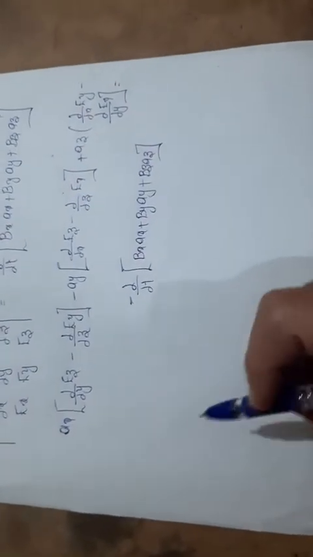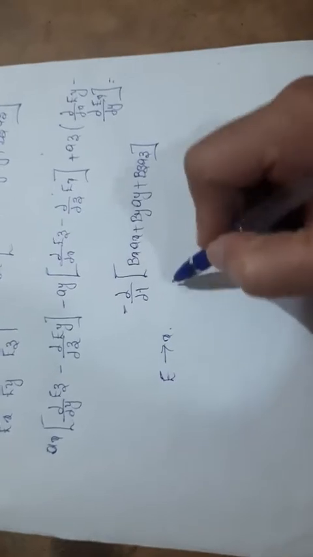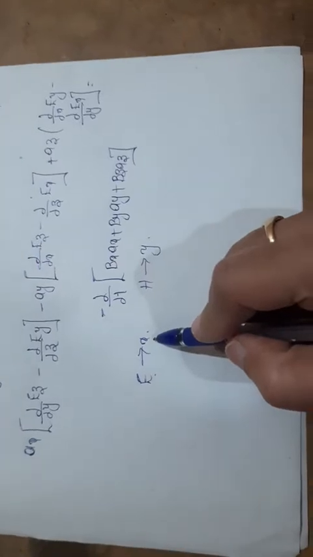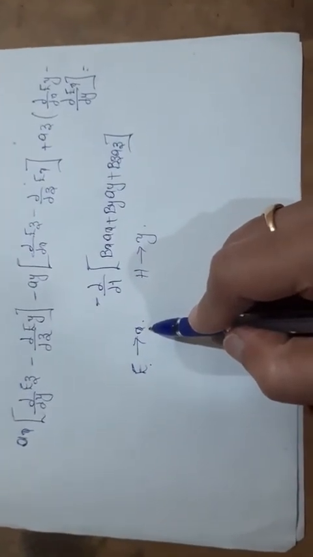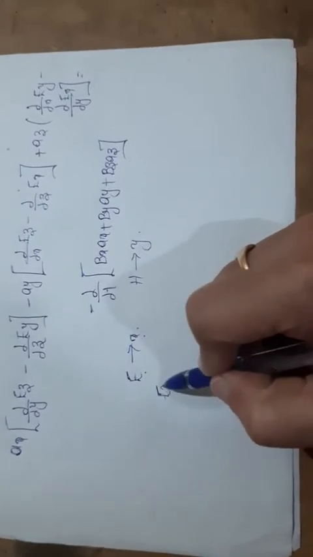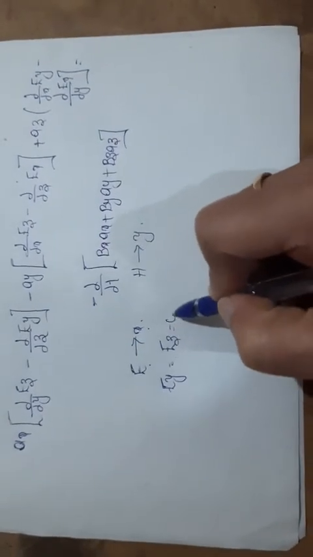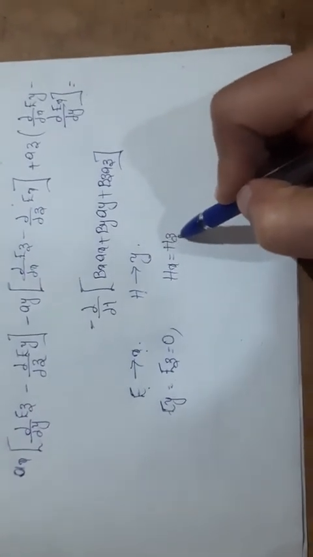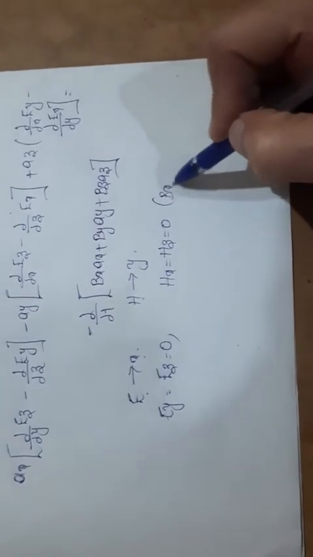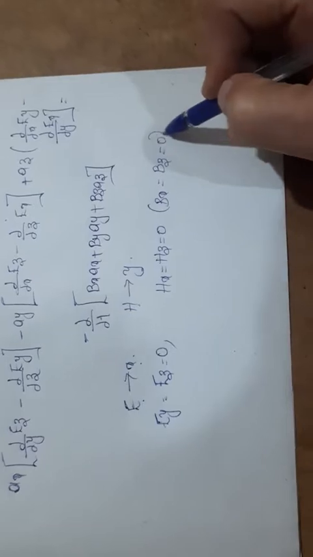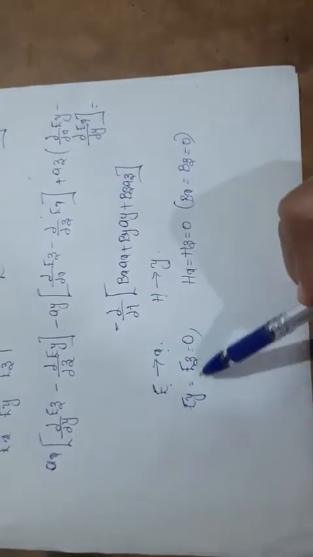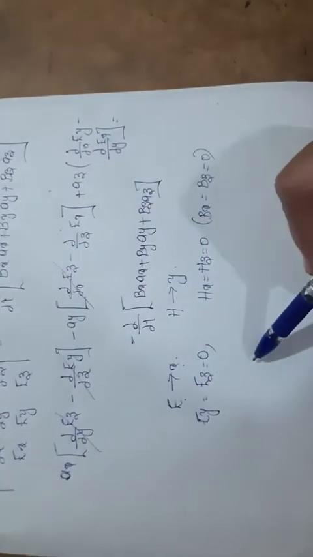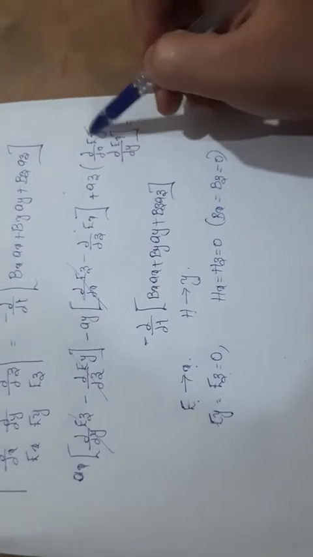If the electric field has only the x component present, then Ey, Ez are equal to 0, and the magnetic field is along y direction, then Hx, Hz are equal to 0. That is Bx, Bz equal to 0. Only Ex will be present.